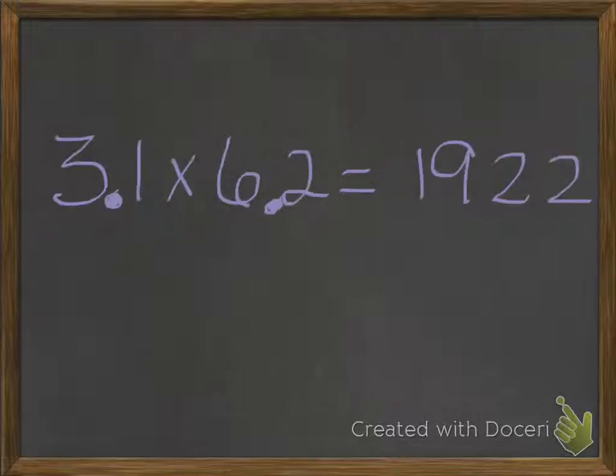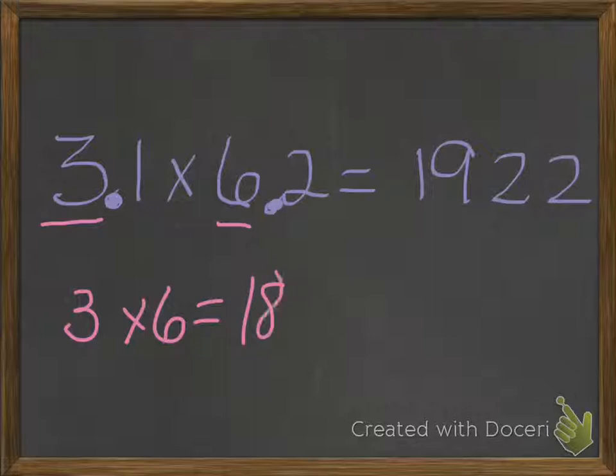Let's look at the next one. 3.1 times 6.2 equals a number that has 1922 in it. Where should that decimal point go? So let's look at the whole numbers. We have a 3 and we have a 6. 3 times 6 equals 18.